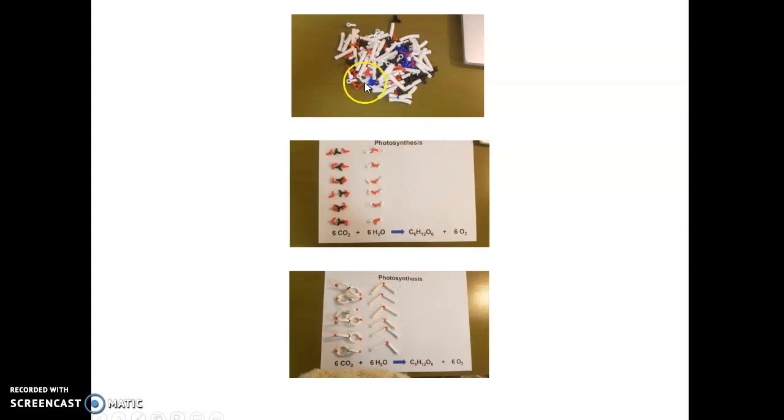So here is an empty bag, and these long things are the tubes that represent the bonds. There's a hydrogen, there is an oxygen, and there's a carbon. And you are going to assemble the reactants here, 6 carbon dioxide molecules, by placing down 6 black carbon atoms and placing on either side of them 2 oxygen atoms for each.